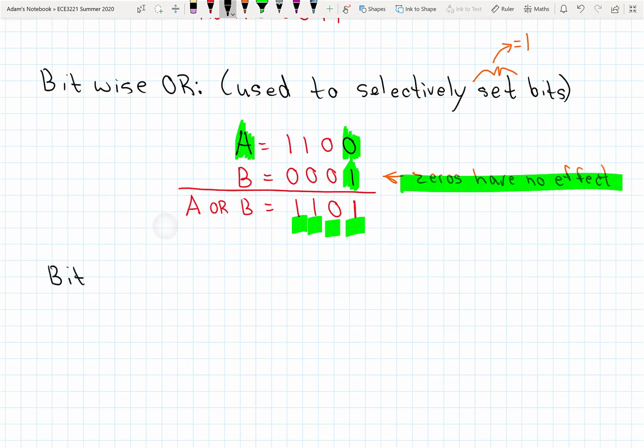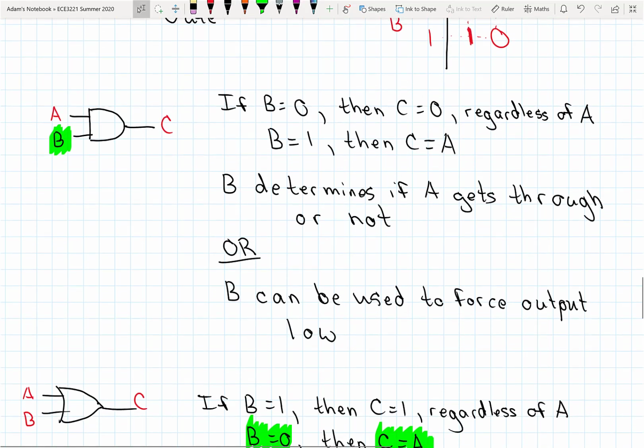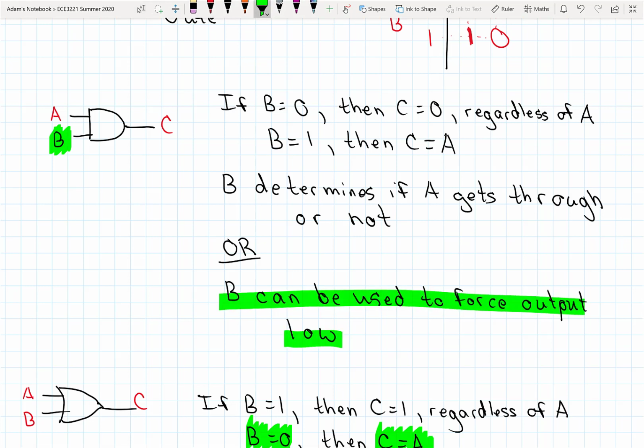Okay, let's think about using the bitwise AND operation. Let's go up here again and think about what we said about the bitwise AND. The bitwise AND, we said, can be used to force an output low. Right?